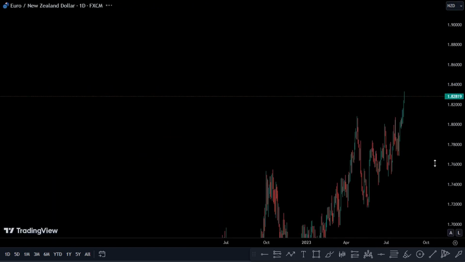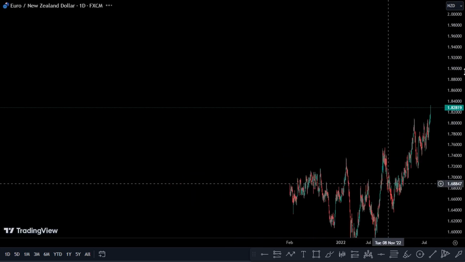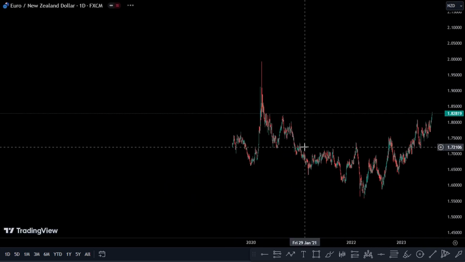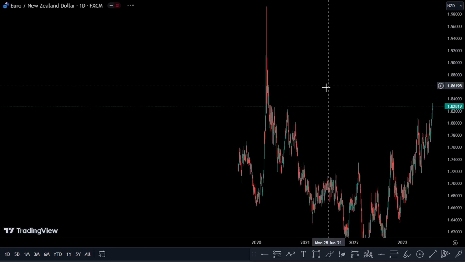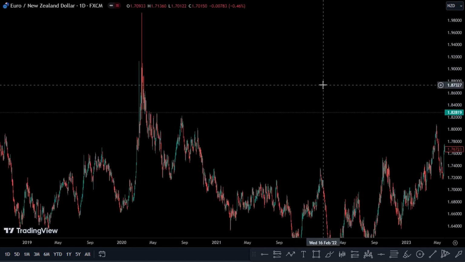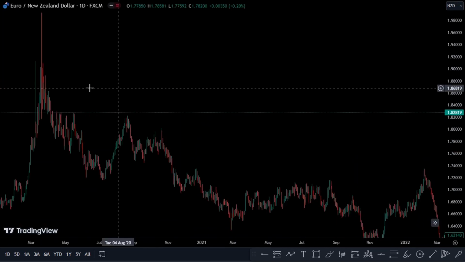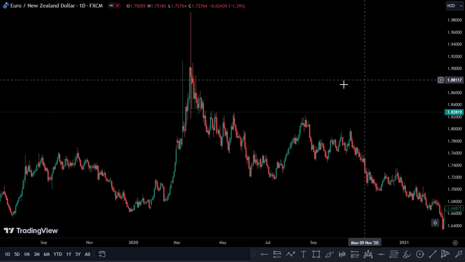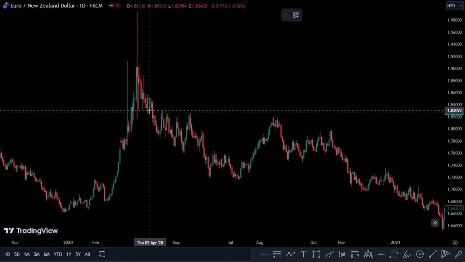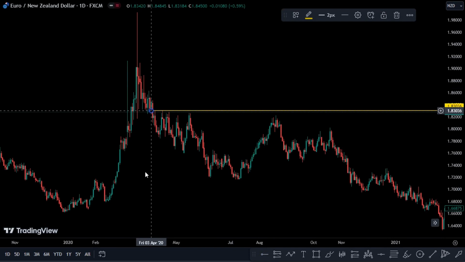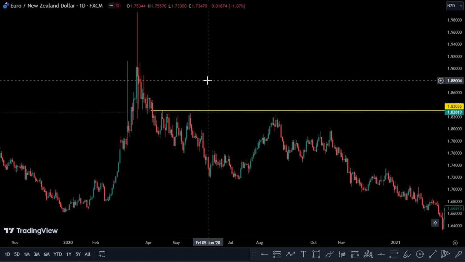So we'll switch to our daily time frame, and then we're going to be doing our analysis on the daily time frame. Okay, let's pinpoint our swing high. And then we can see that we have this structure right here where the market has been respecting multiple times.